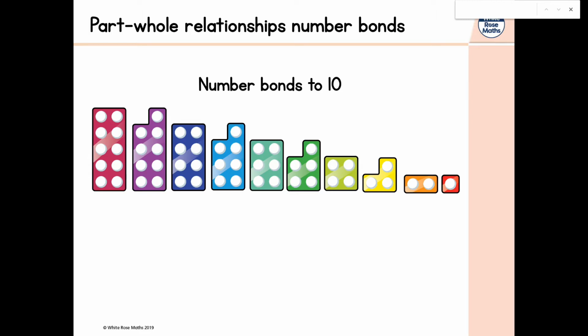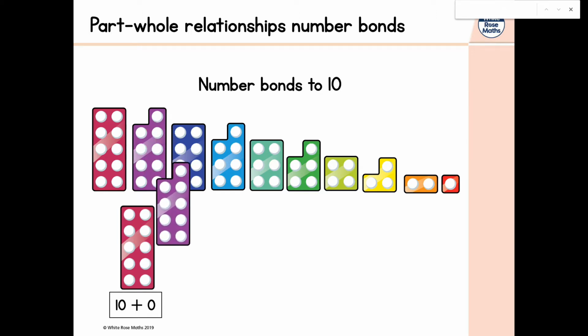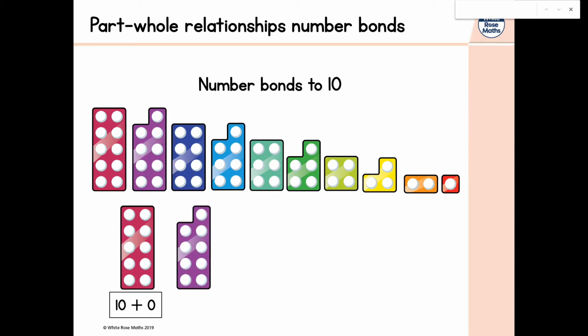Can you find the shape that already equals 10? Yes, this is 10. So actually, we don't need to add anything to it. The two parts would be 10 and 0. That would equal 10. Let's keep going. Here we have 9.